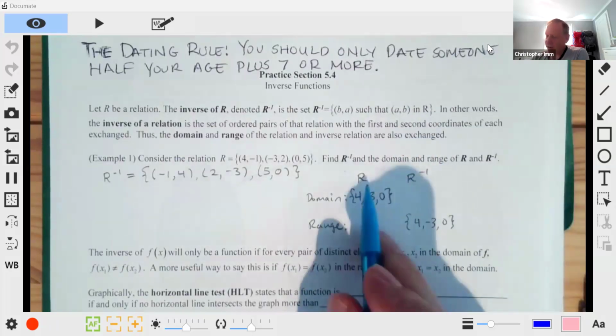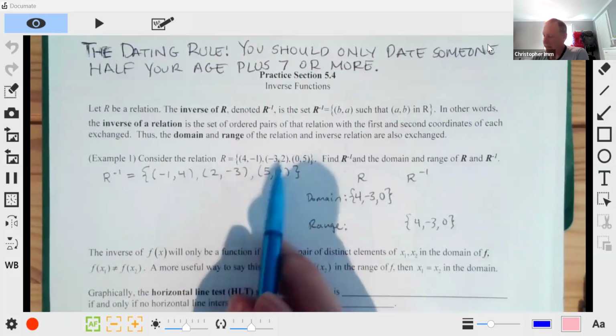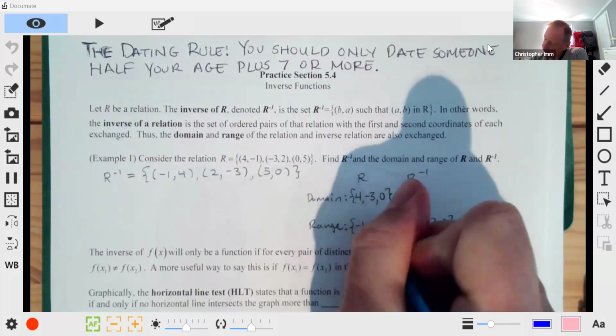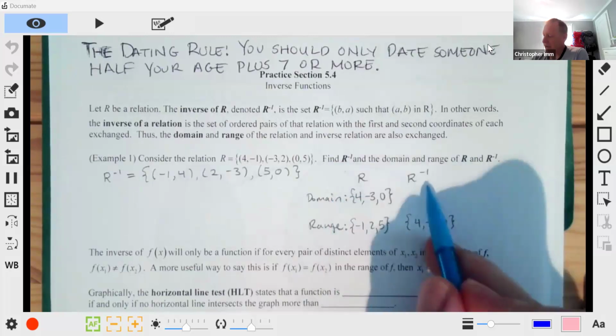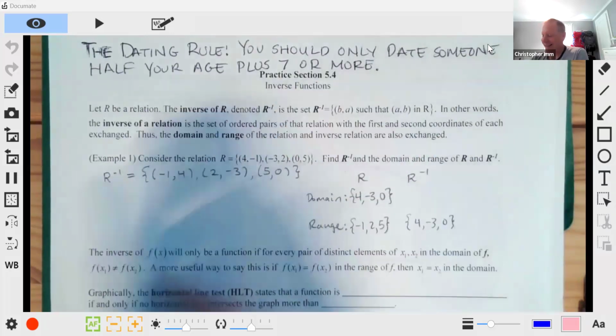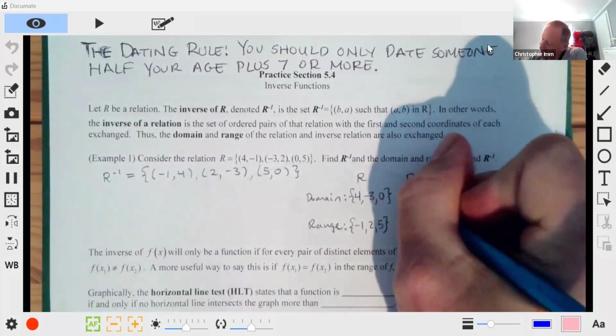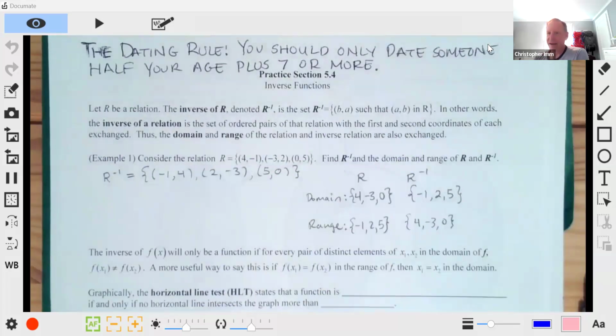What's the range of the original function? It's the y values of the original function, -1, 2, and 5. That should be the same as the domain of that inverse function, and there they are, -1, 2, and 5. Hopefully that gives you a little bit of insight into a function and its inverse, how things are really just swapped.